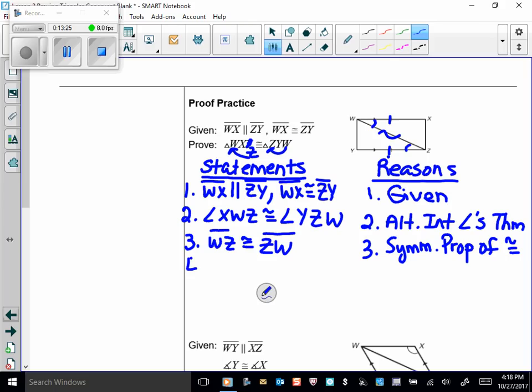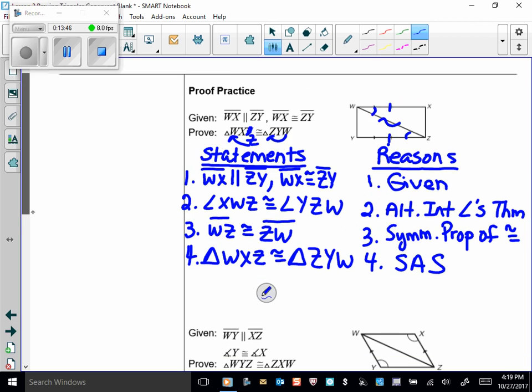So that gets it for me, and I know that triangle WXZ is congruent to triangle ZYW, and that is by side, angle, side. I got that included angle there, those alternate interior angles.